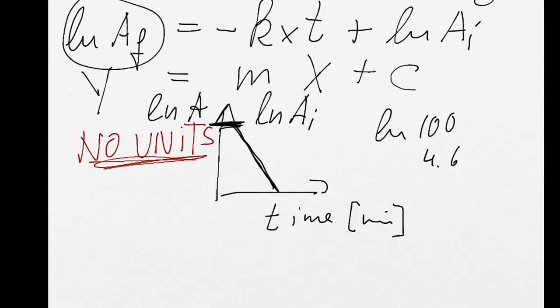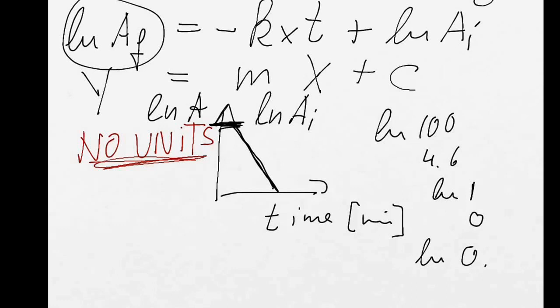What is ln 1? 0. What is ln 0.1? Could we have an A final of 0.1? Is that allowed? Yeah? So what is ln 0.1?